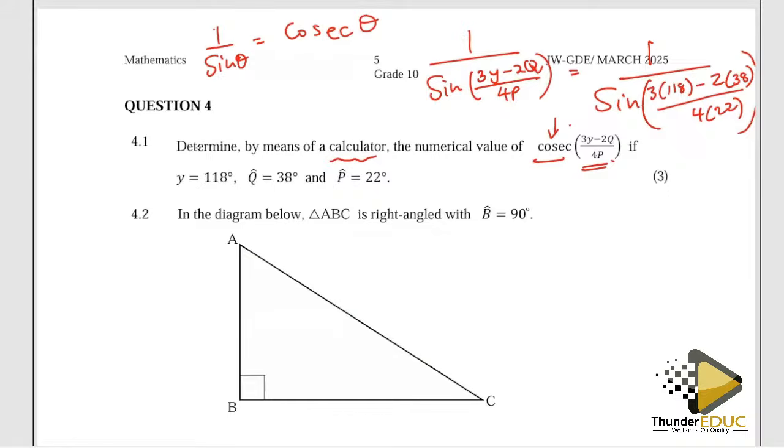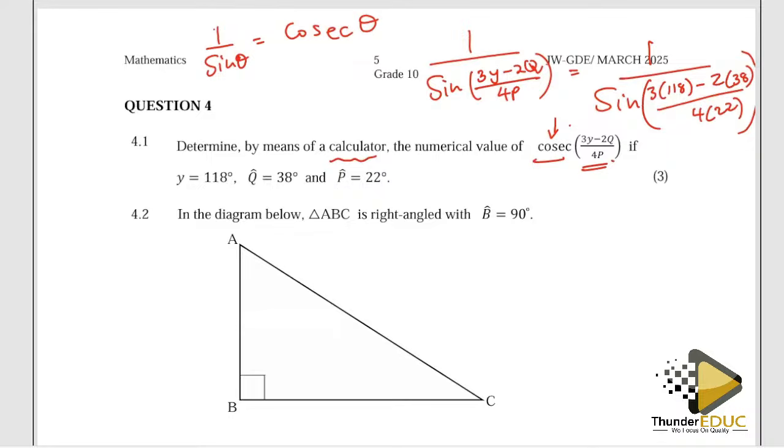Please, for as long as you've shown us the substitution, it's okay. If you're too generous, you want to simplify that, there is no problem, okay? We still love you. So let's do this: 3 times 118 minus 2 times 38, over 4 times 22.